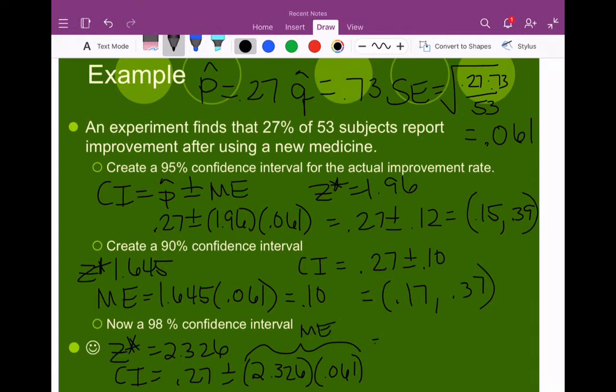So this becomes 0.27 plus or minus 0.142, which gives me an interval of 0.128 to 0.412. And note when I became more confident, I ended up with a wider interval. Because again, the more confident you are, the wider your interval. The less confident, the more narrow or precise your interval is.